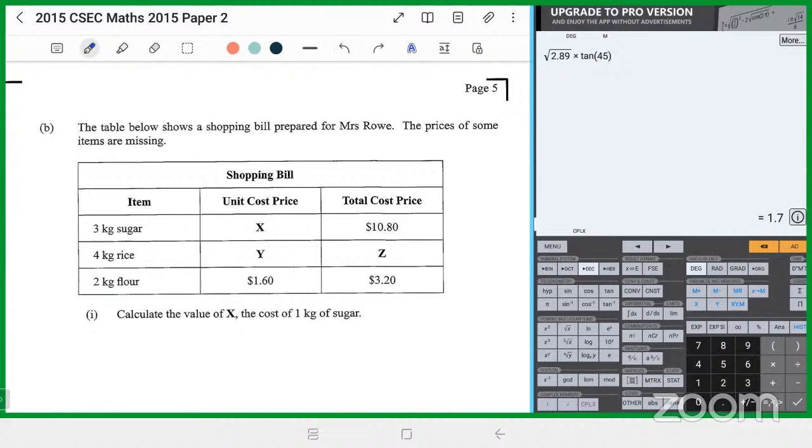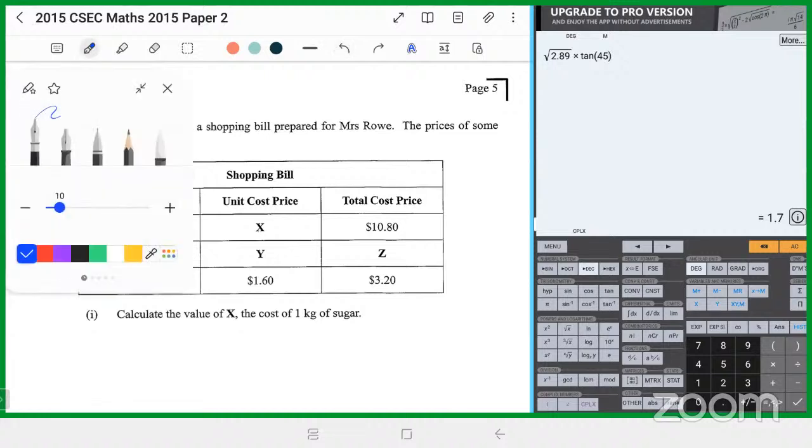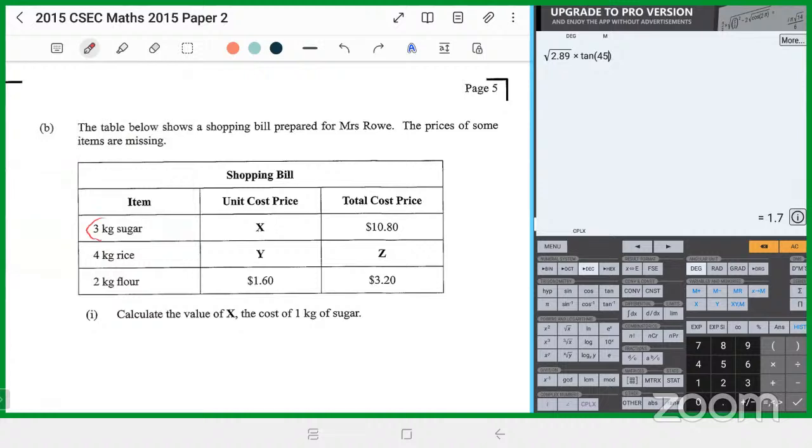So basically, you are multiplying this by this. Let's set up that quantity multiplied by this figure equals this figure. That's how it goes. All right.